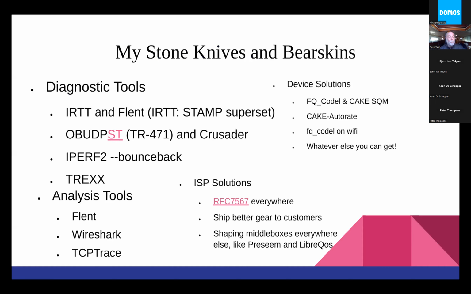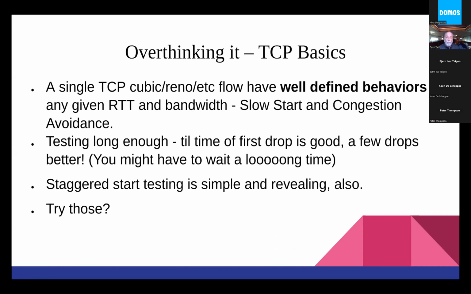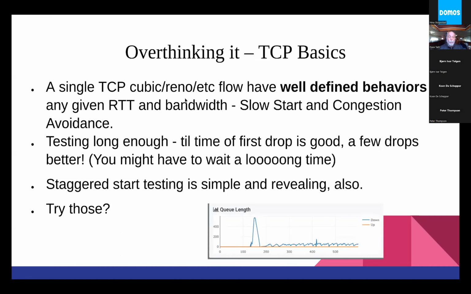And they're pretty widely deployed today, and they're pretty good. I recommend people read RFC 7567, but add fair queuing to that. The working group could never decide on fair queuing there, and I just do that. And there's a lot of people doing middle boxes to help the ISP do the analysis and shaping portions better. How am I doing for time? I think I'm doing good.